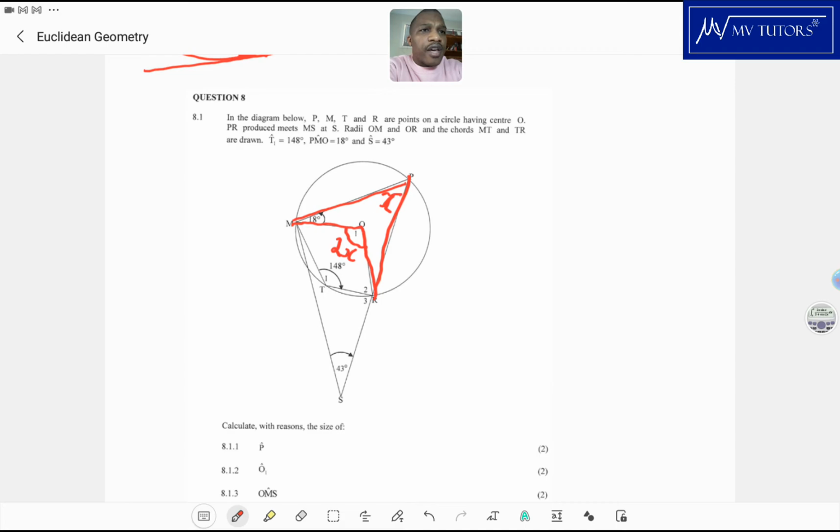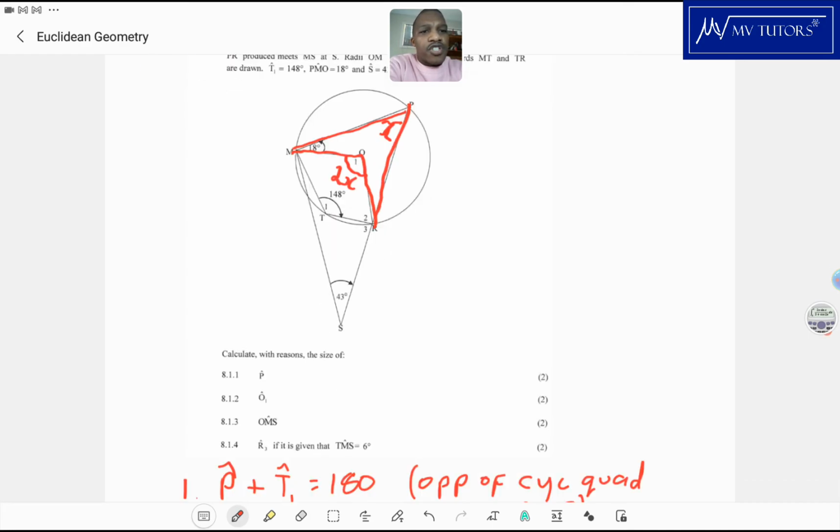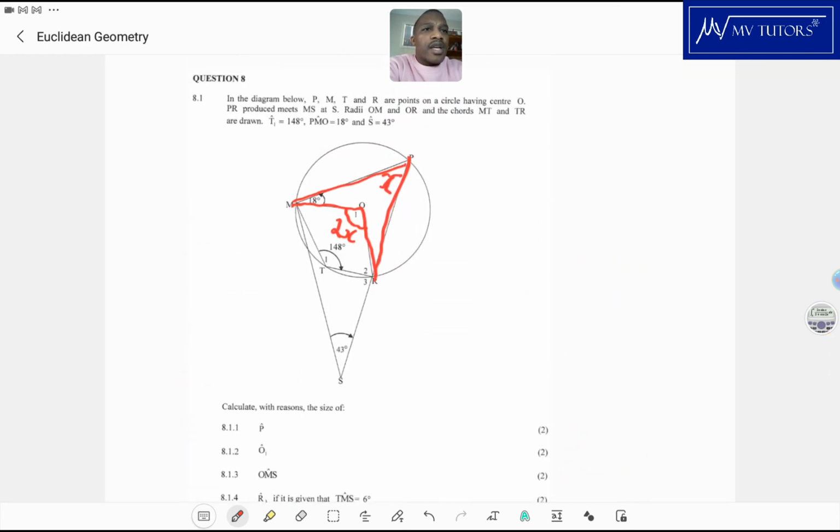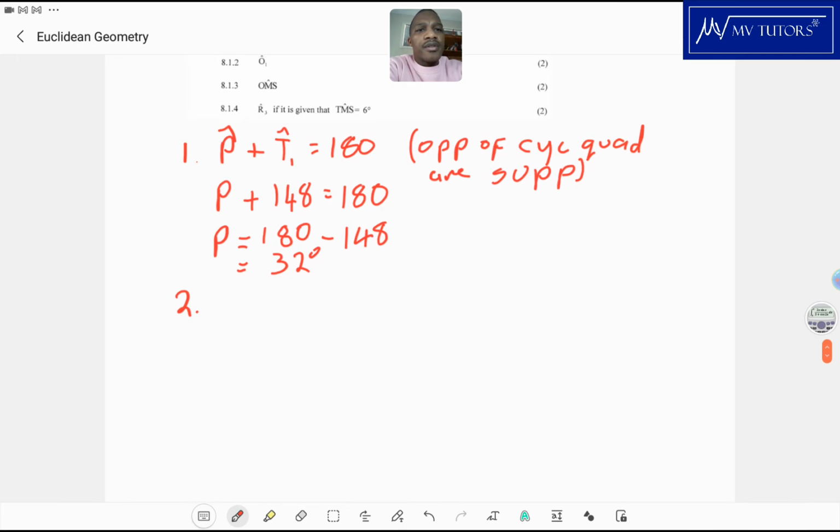So P is actually x, which we've just solved, it's 32. So we can then say O1 is equal to 2 times P. And the reason is angle at centre.